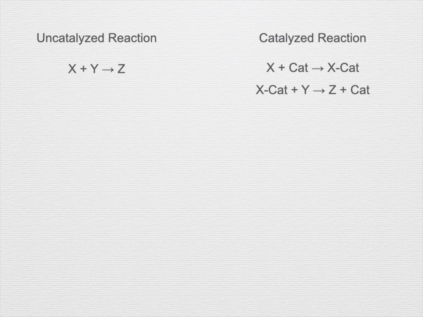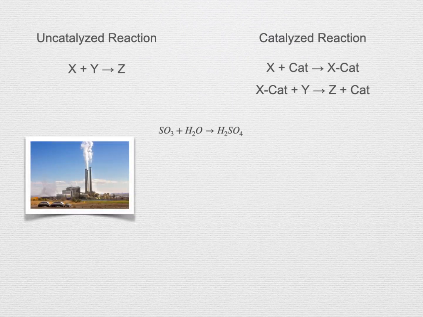Let's look at a simple example to see what happens. An important component of acid rain is sulfuric acid. The gas sulfur trioxide can react with atmospheric water to form sulfuric acid, which can then dissolve in rain droplets, leading to acidification of the soil and surface water. A major contaminant in coal is sulfur. When it is burnt, the sulfur is oxidized to sulfur dioxide, which can be emitted to the atmosphere.